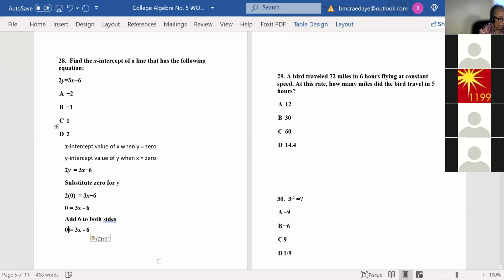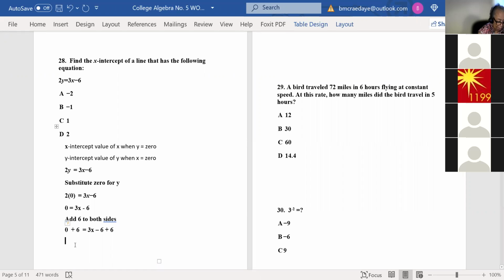Okay, so add 6 to both sides. So this will be plus 6 and plus 6 on the right. And that means I'll have 6 equal 3x.